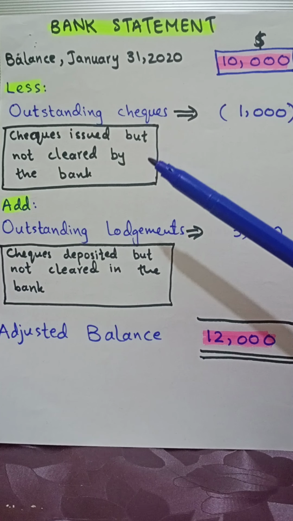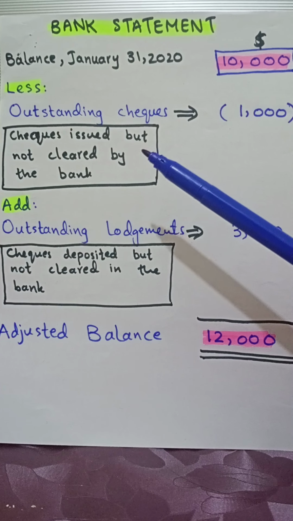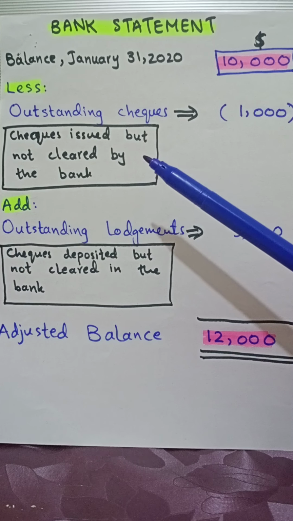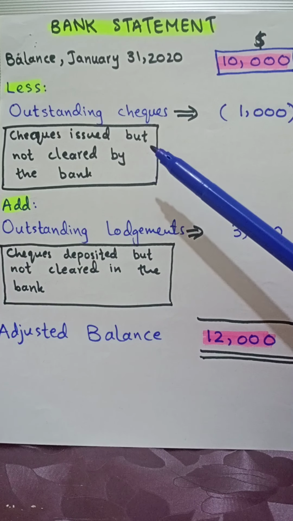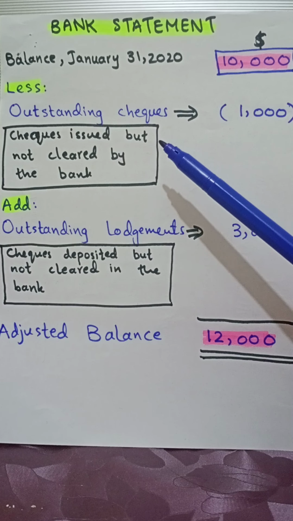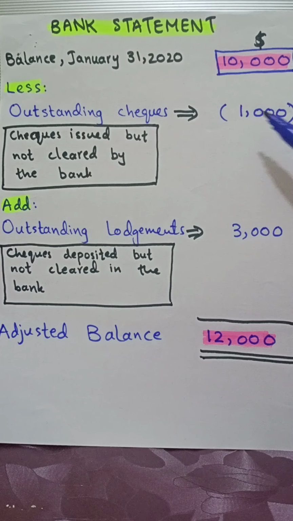Outstanding checks are those checks that are issued by the business but not yet cleared by the bank. When the supplier presents that check, the bank will clear it, and at that time the bank will show a debit of $1,000.